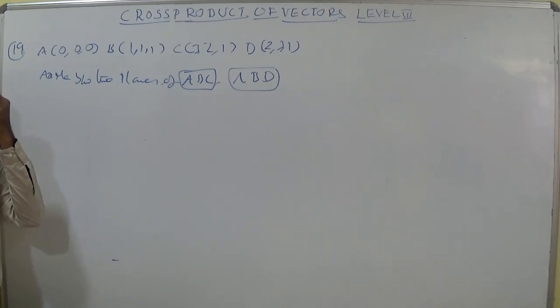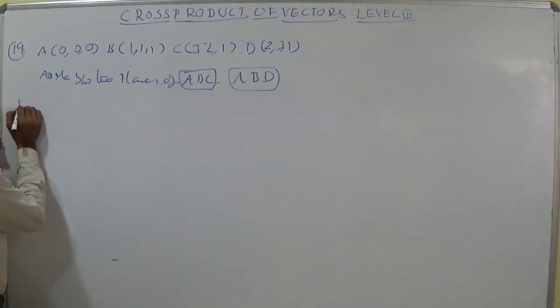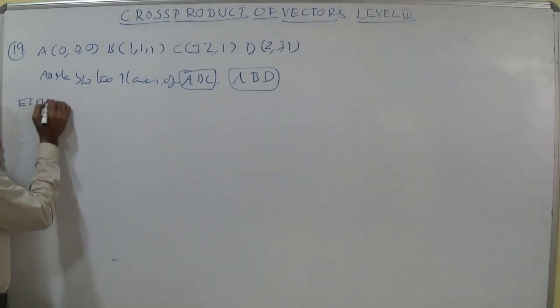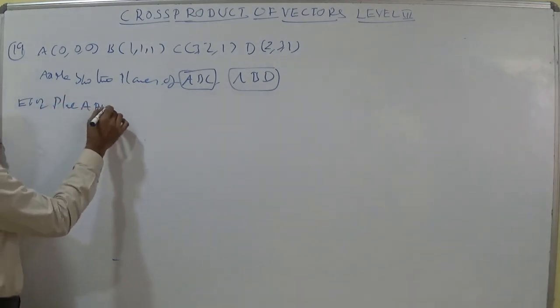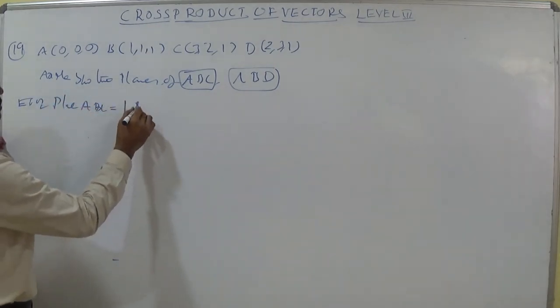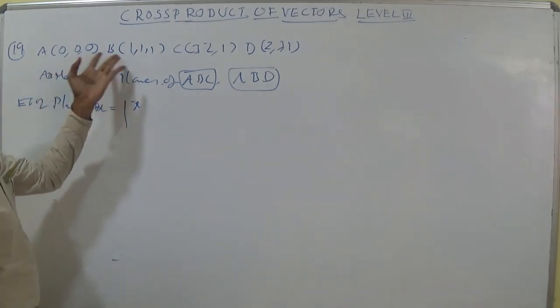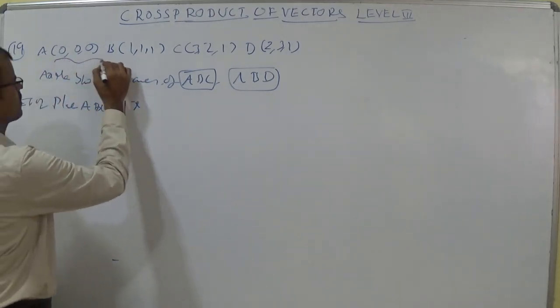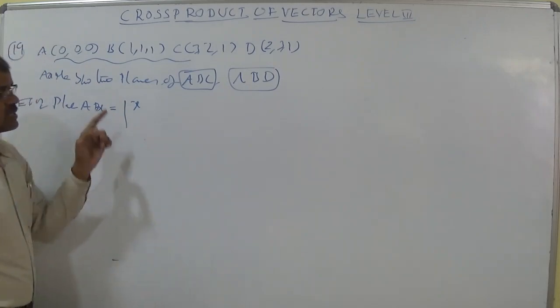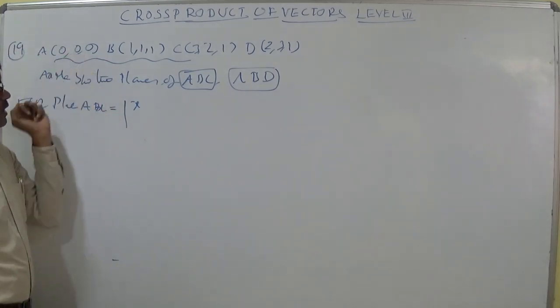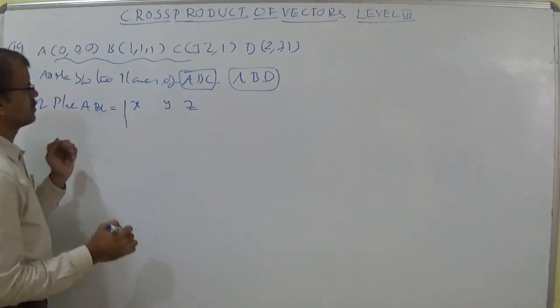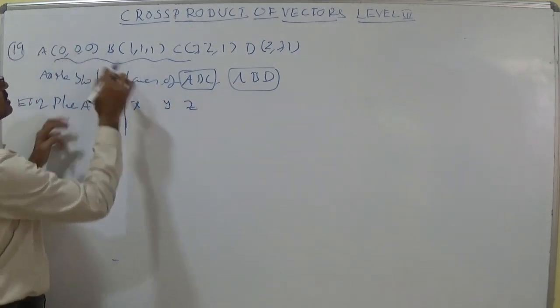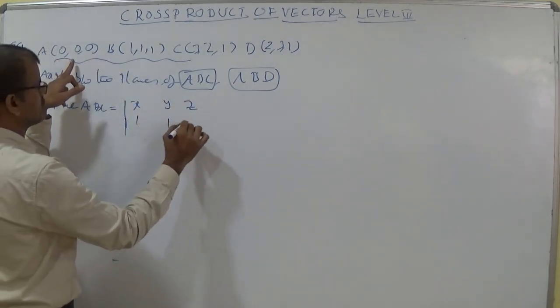So first of all, you should calculate the equation of the plane. Equation of plane ABC I am writing, using the formula: x minus x1, y minus y1, z minus z1, that is x minus 0, y minus 0, z minus 0. So x, y, z. Next B bar minus A bar: 1, 1, 1.